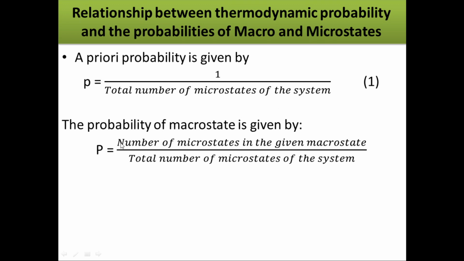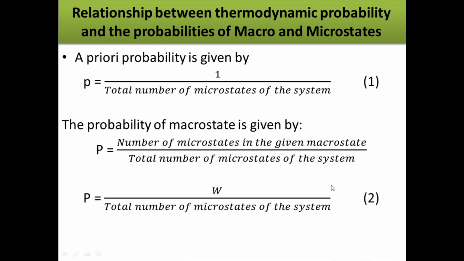It is the ratio of the number of microstates in the given macrostate to the total number of microstates of the system. But the number of microstates in the given macrostate is the thermodynamic probability, therefore the probability of macrostate is equal to the thermodynamic probability divided by the total number of microstates of the system.